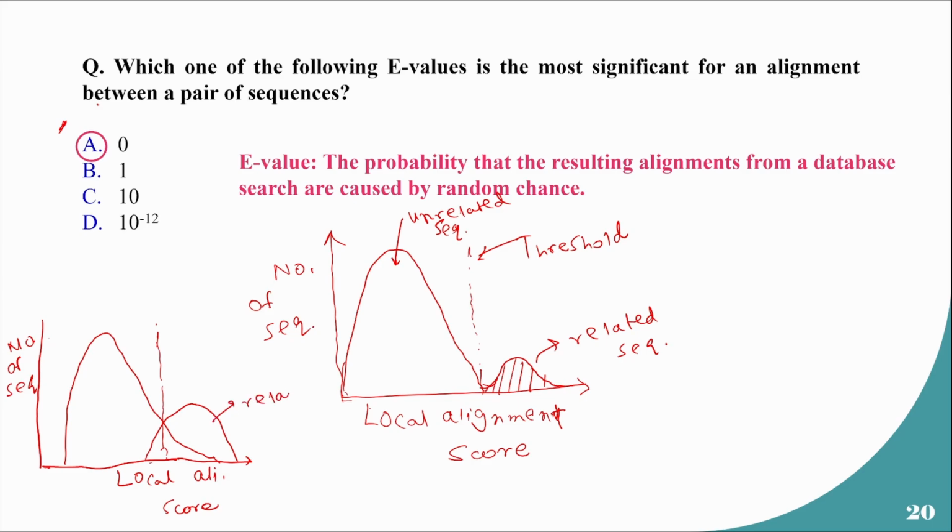So let's say these are related, and this is the unrelated sequences that we are getting local alignment scores for. So in actual cases, we will see that the threshold value does not clearly distinguish between unrelated sequences and related sequences that we get as the hits of the alignments, right? So there is some sort of overlap between the unrelated sequences distribution and the related sequences distribution.